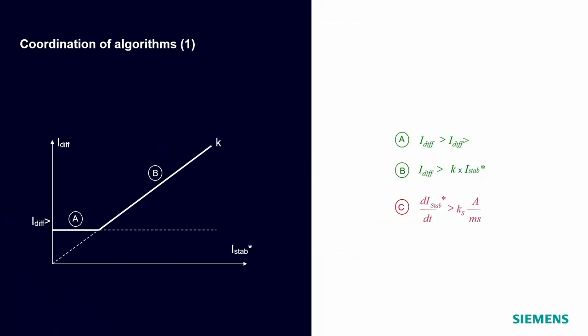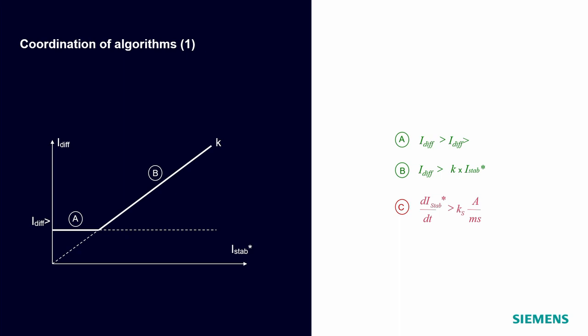You see it here on the characteristics. That's this criteria A. We have criteria B. That means that the differential current must be higher than the modified stabilization current, not the calculated, the modified stabilization current, multiplied with the stabilization factor.